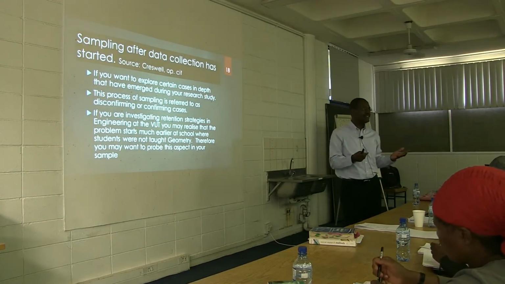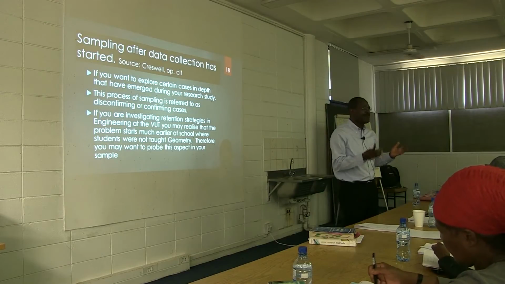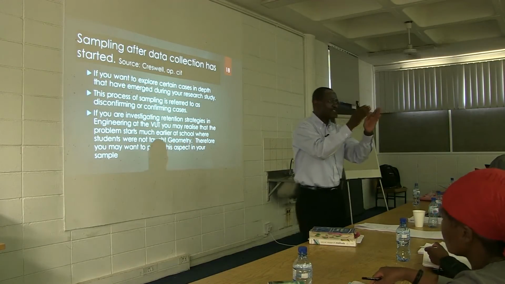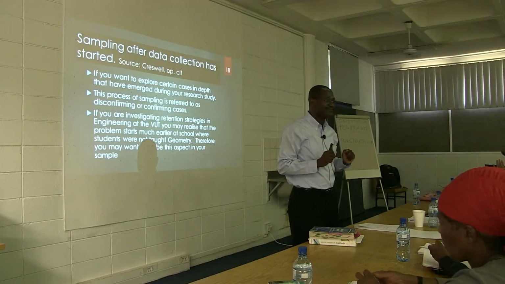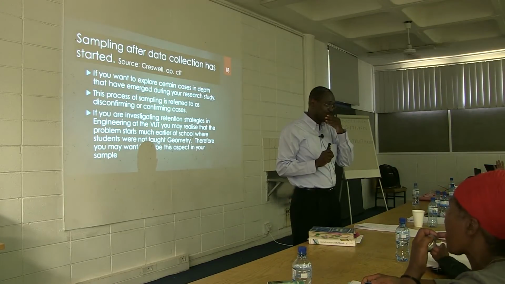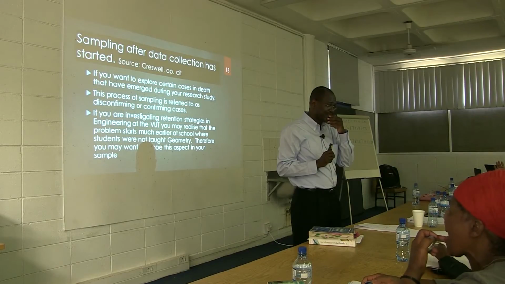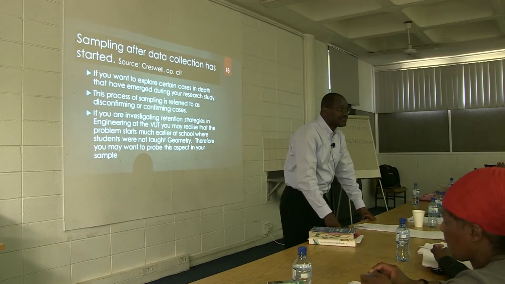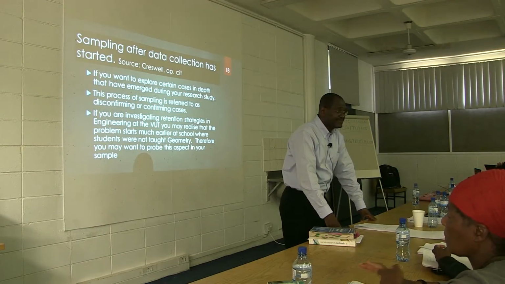It makes sense. Okay. Ma'am, we come back to you. Start your question again. I was saying, as you were elaborating on it, I was trying to think of an example where I can have this confirming or disconfirming sampling in an experimental setting.